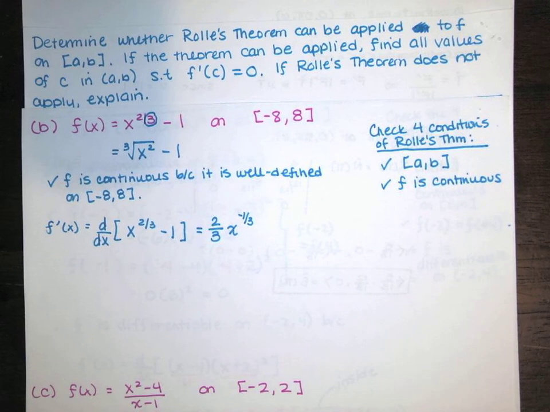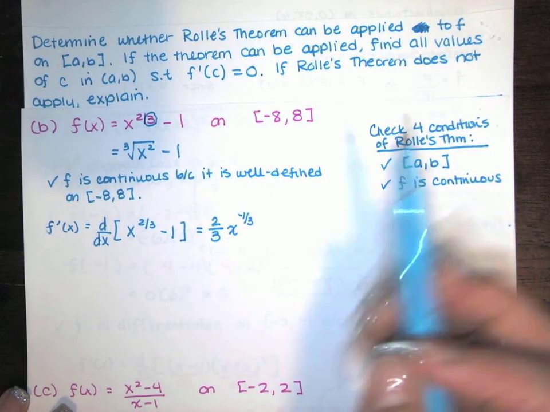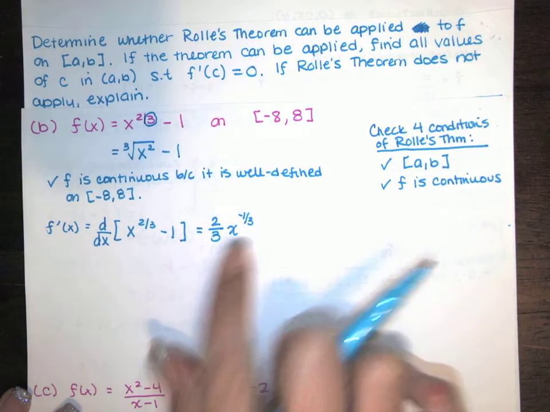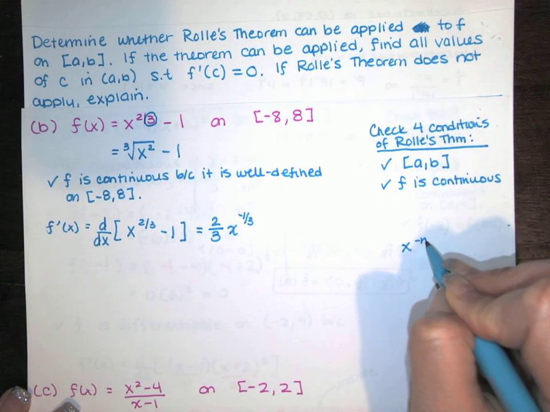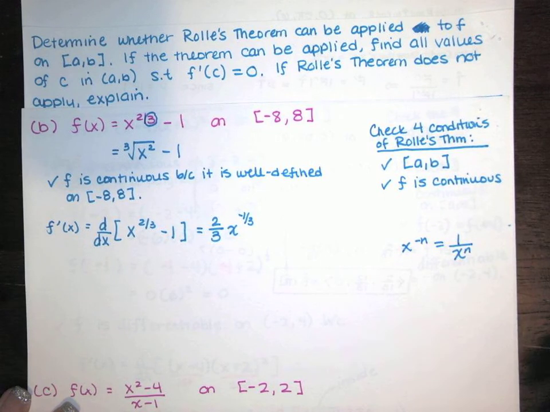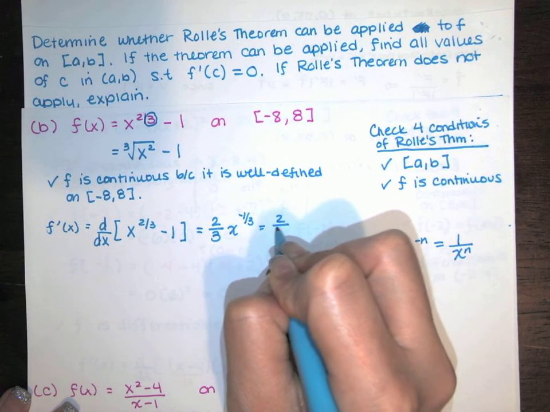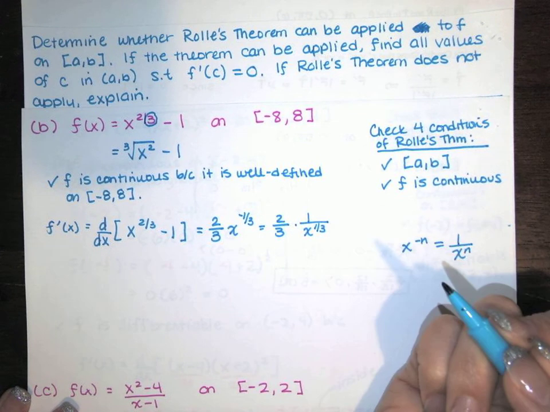Now you might be tempted to say f prime is well defined for all x in this interval, but remember, negative exponents can be rewritten this way. If you have x to a negative power, that's 1 over x to the same power but positive. So this is really 2/3 times 1 over x to the 1/3.